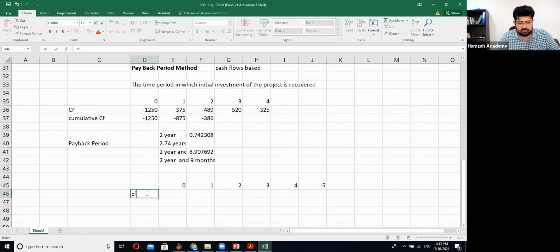Now, cash flows: 2700 negative, 675, 820, 435, 770, and 550.